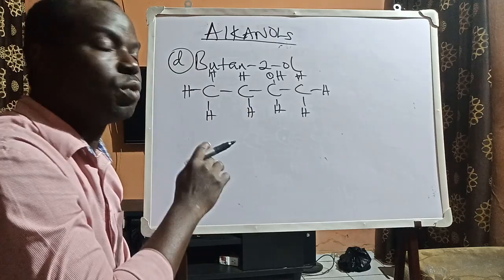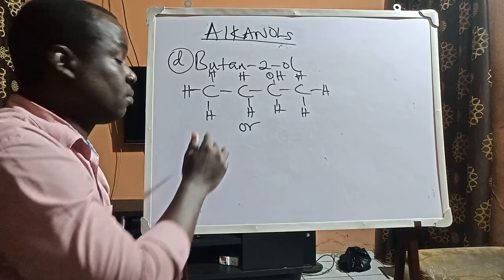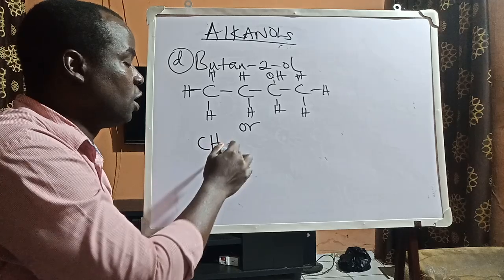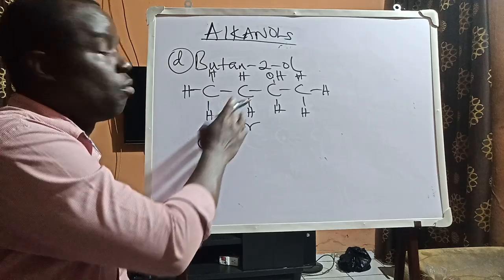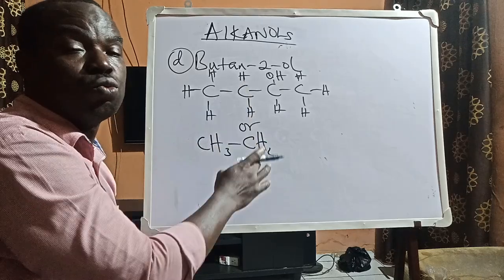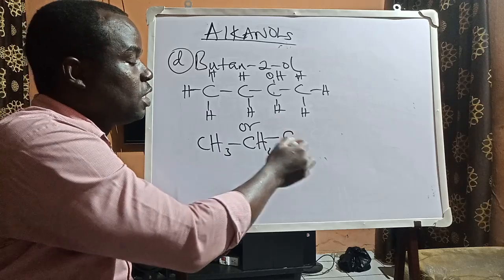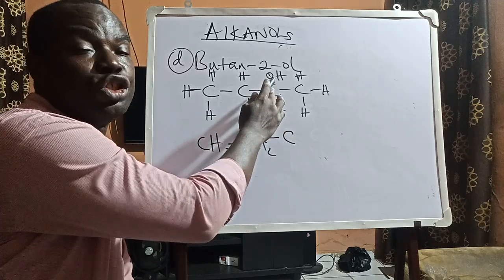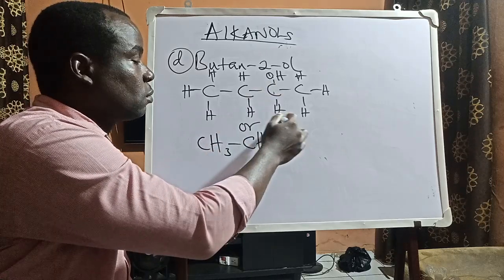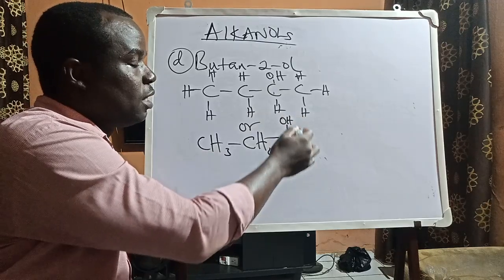But the line structure will now be, we have CH3, we have CH2, we have, now, C, this C is carrying the OH. So you put the OH there. The hydrogen now, you bring it here.